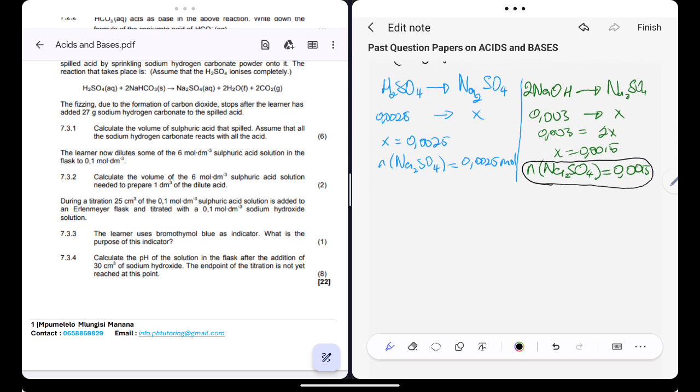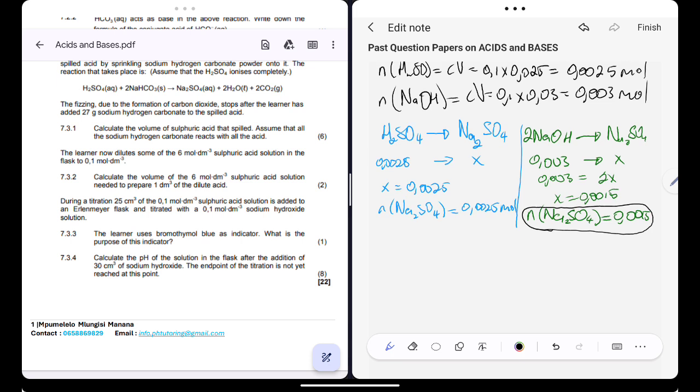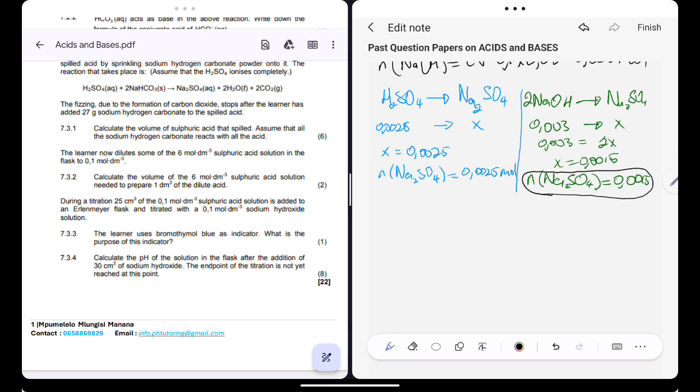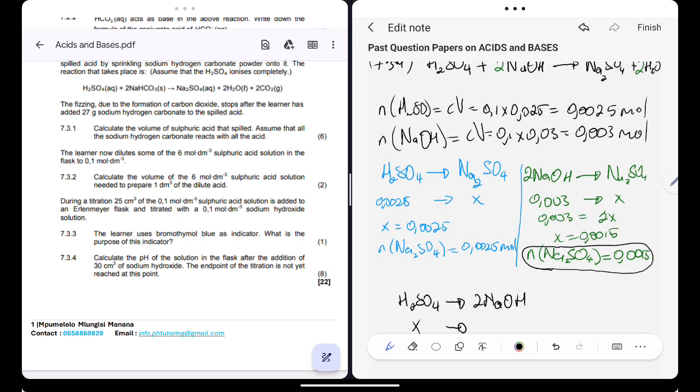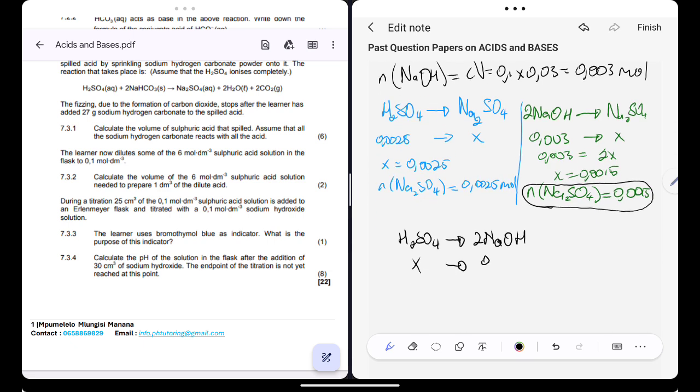So from here, since I know that my base is the limiting reagent, I want to know how much of the acid I will need to use to completely react with the base. I don't know how much of the acid I need, but I know that for the base, the 0.003 will be completely used up. Are you together?